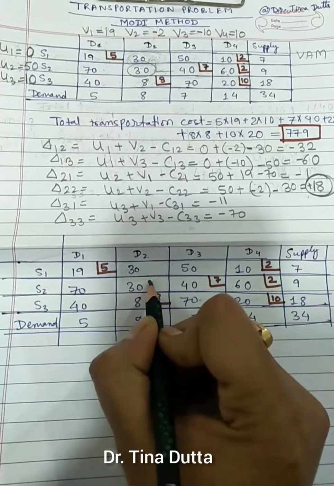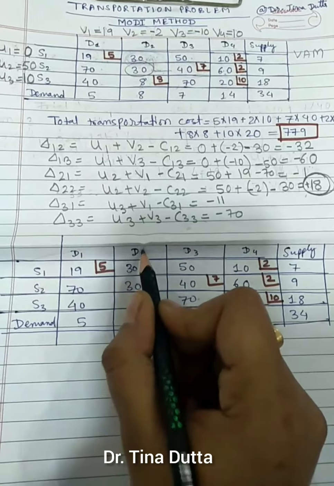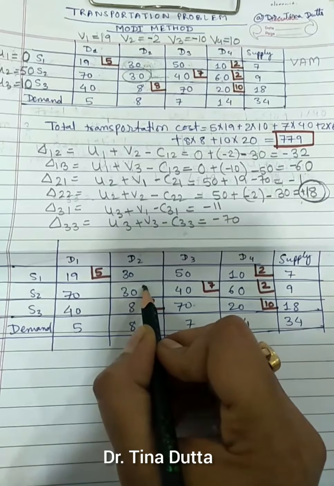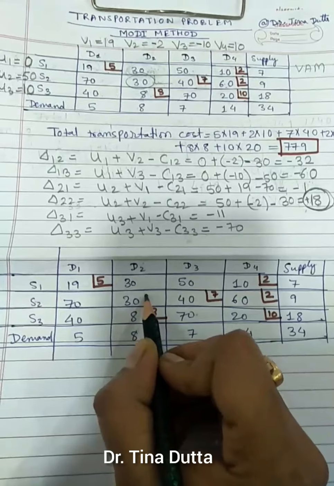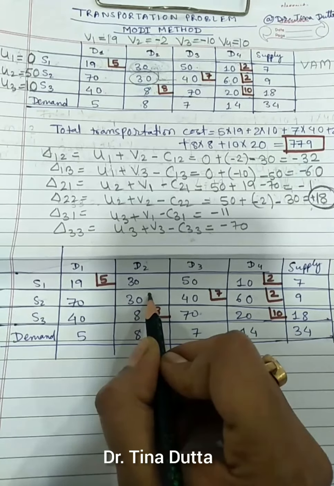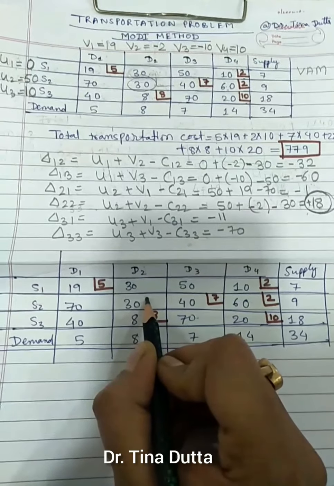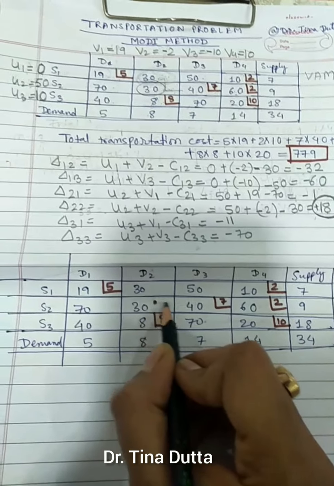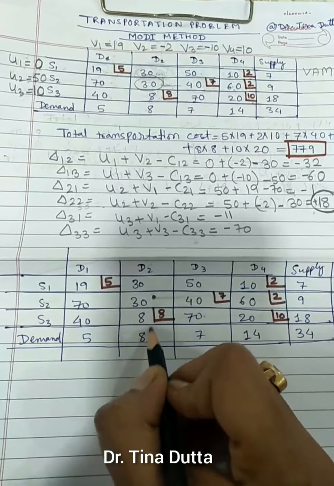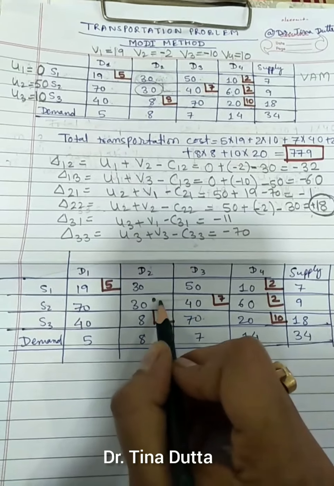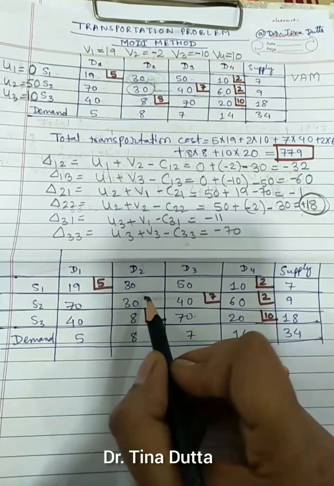This is cell 2 2, in this we will allocate goods. For allocating goods we need to draw a closed loop starting from this cell, and that loop should have either horizontal lines or vertical lines but no diagonal or circular lines.